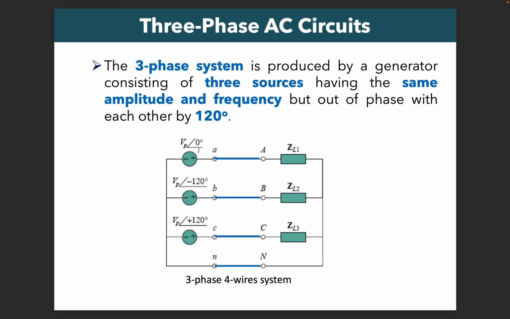Here the phase angle is 0 degrees, here it is negative 120 degrees, and here it is positive 120 degrees. So there must be a 120 degree phase difference between the voltage sources.